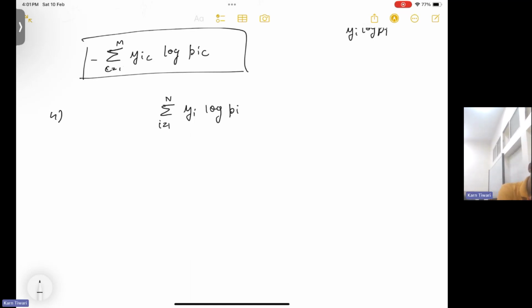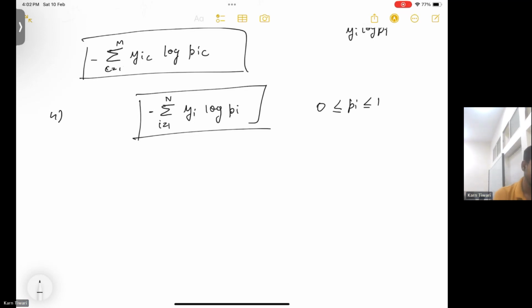So this is what my cross entropy is. Now pi is always between 0 and 1, so log of a value between 0 and 1, the curve looks something like this, is always negative. And yi is either 0 or 1, so it can't be negative.